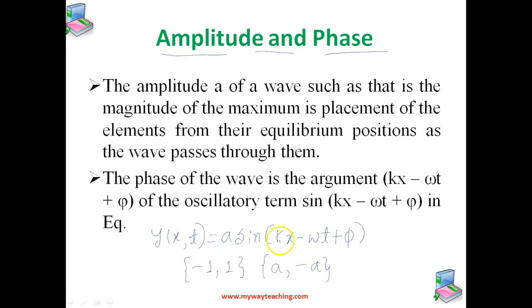And we can take A to be a positive constant without any loss of generality, and A represents the maximum displacement of the constituents of the medium from their equilibrium position, isn't it? That is what it represents. It represents the maximum value of the positive displacement. So the displacement y can be positive or negative, but A is always positive. So we call it the amplitude of the wave.